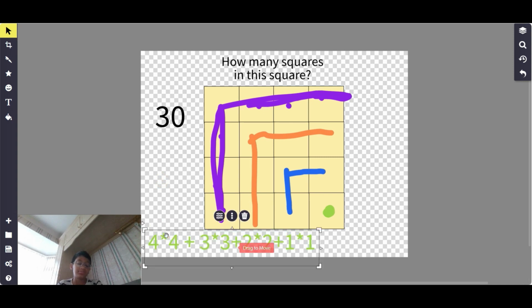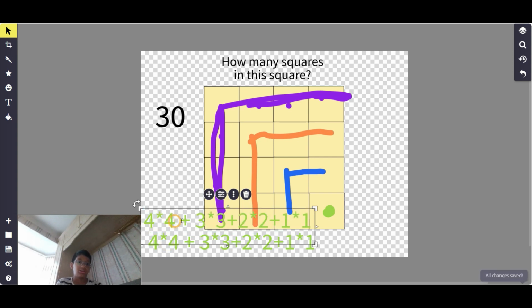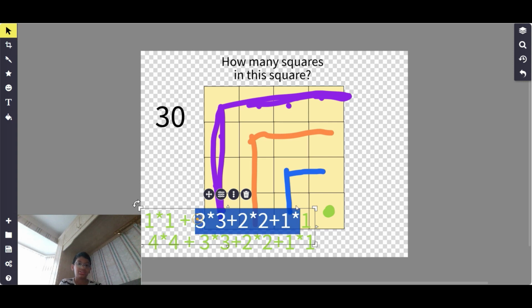Let me explain how this formula works. Now reverse this. Instead of 4 times 4 first, we do 1 times 1 first. It's the same, except we go from 1 times 1 to 4 times 4.